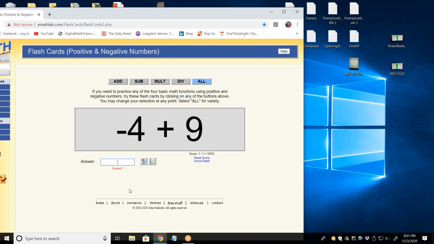So what's this one? 5. Next one? Minus 2. Whenever you're subtracting, if the second number is bigger than the first, you've got to have a negative answer. 2 is bigger than 0. So it's got to be minus 2. Next one? 32.